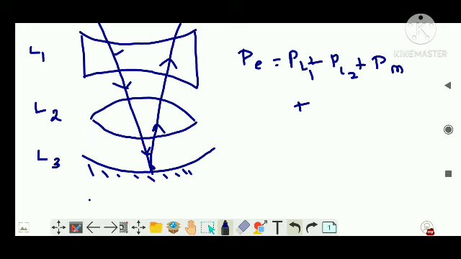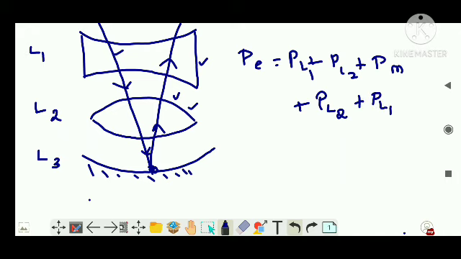So after the light has reached our mirror, again it is getting reflected back, right? So each image after the mirror is acting as the object for these two lenses. So these two participate again. So there is a power from L2 again, and then power of L1. I hope you understood, right?